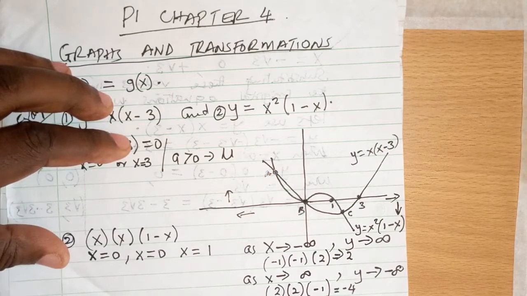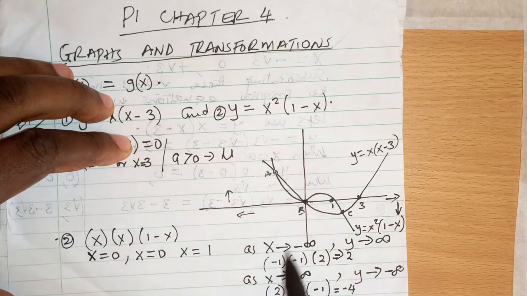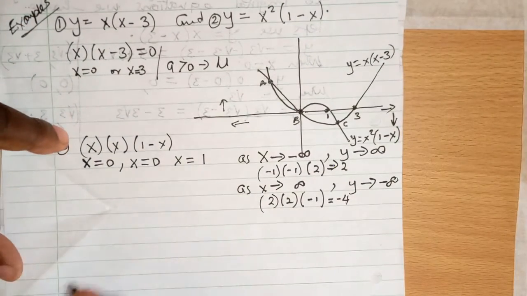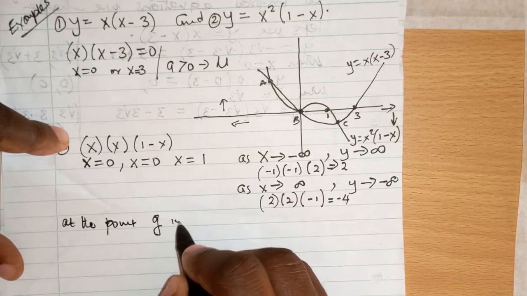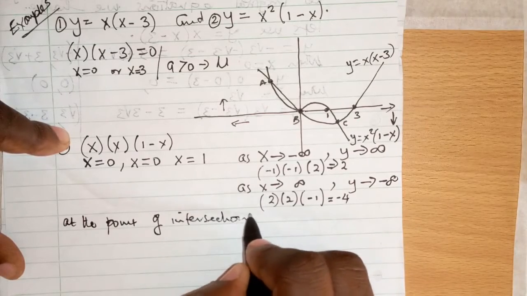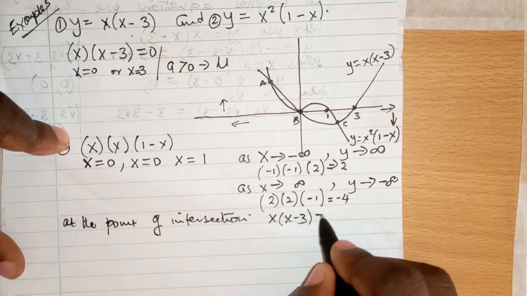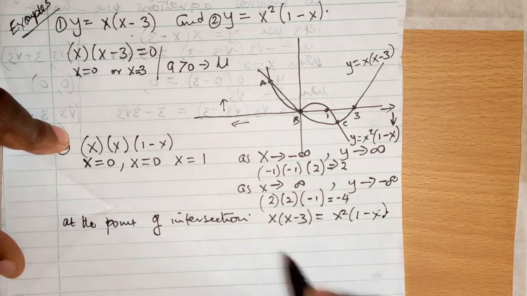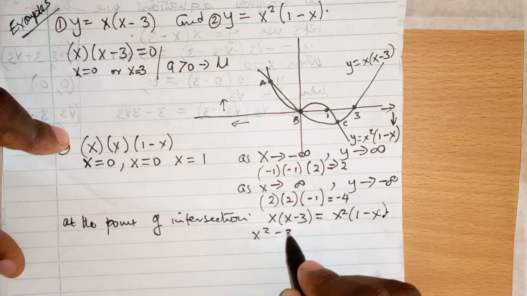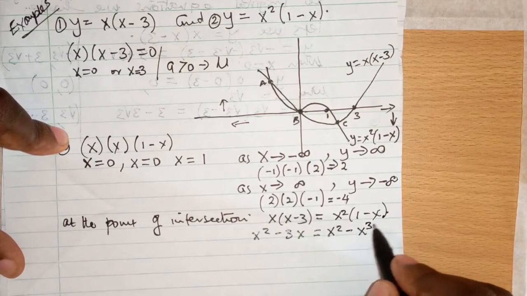When we are considering point B, we must be advised that at the point of intersection, now we are trying to answer part B of the question, x minus 3 is equal to x squared times 1 minus x, which gives us x squared minus 3x is equal to x squared minus x cubed.